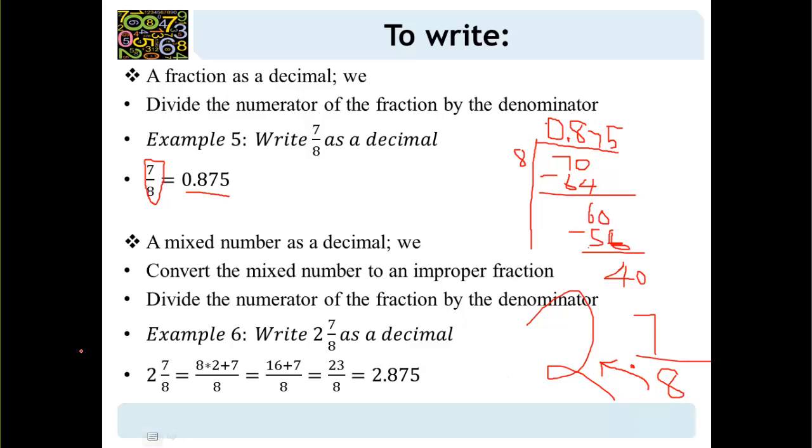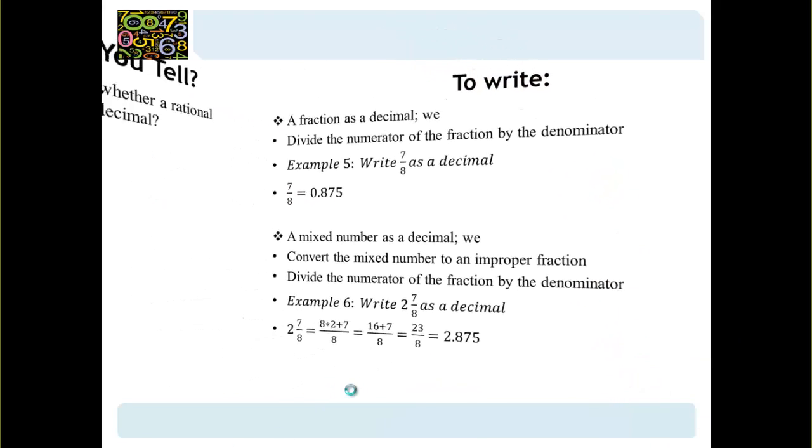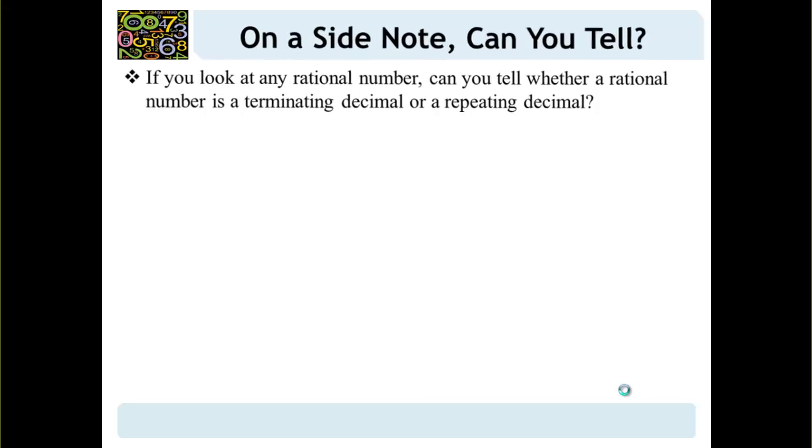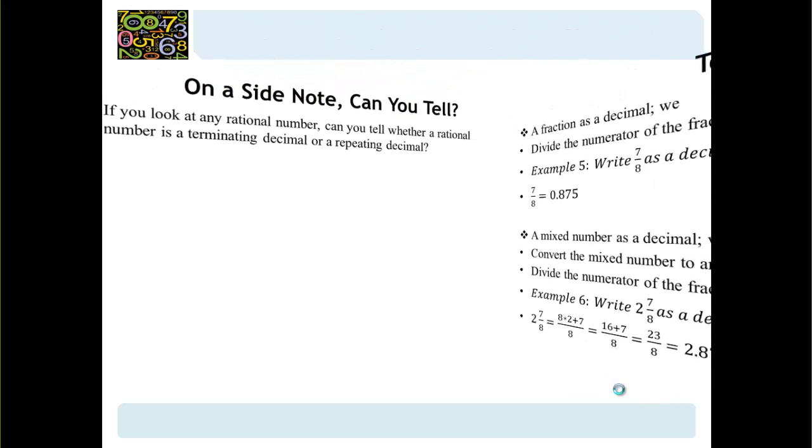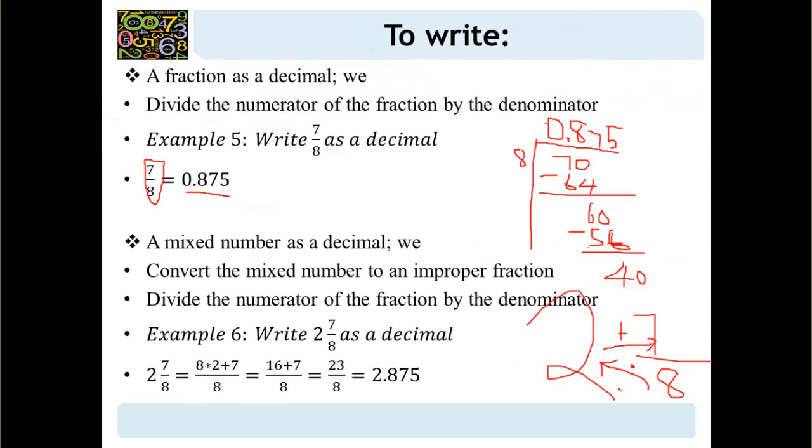It gives you 16. Then you do 16 plus 7. Gives you 23. So it's 23 out of 8. And then you can now divide 23 by 8, or you say 8 divides 23. And it gives you 2.875. So you have the mixed number, and then you've converted to the decimal.